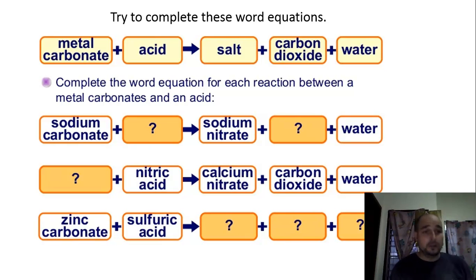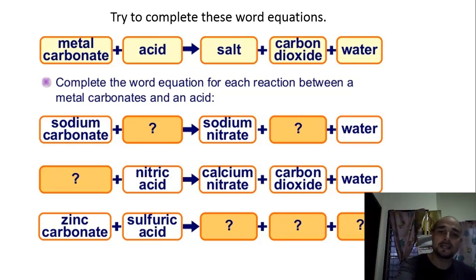Okay. So we're going to try and complete some word equations. If you look at the first one, it says sodium carbonate, and then there's an orange box with a question mark. Makes sodium nitrate plus something and water. Well, we know that this is a metal carbonate, sodium carbonate, and it's going to react with an acid.